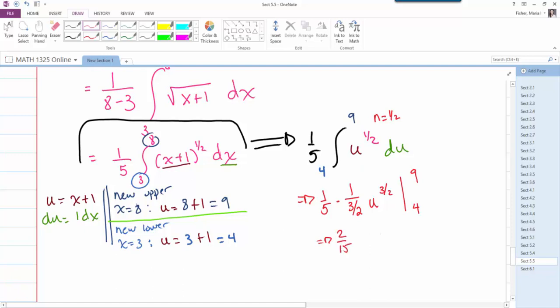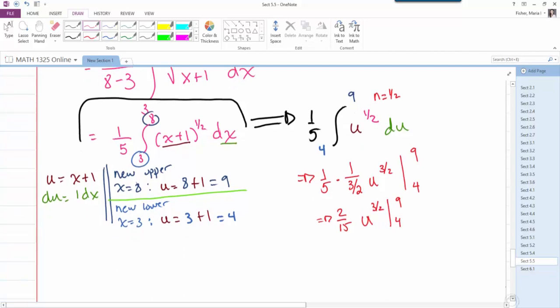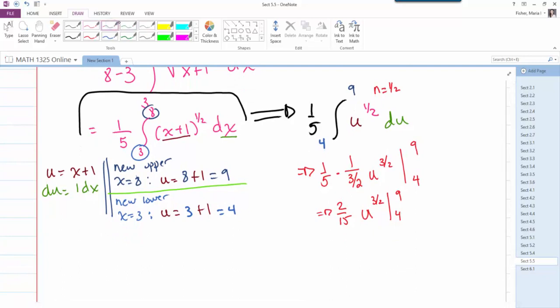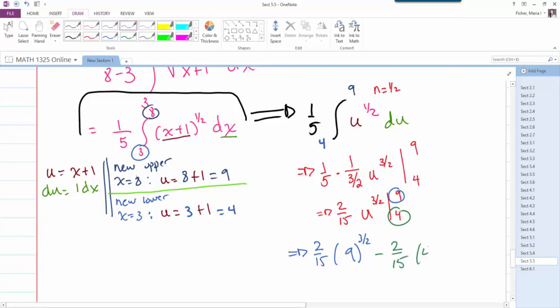So this is going to be 2/15 u to the 3/2 evaluated from 4 to 9. Plugging in my upper limit of integration, I get 2/15 times 9 to the 3/2 minus, plugging into my lower limit of integration, 2/15 times 4 to the 3/2.